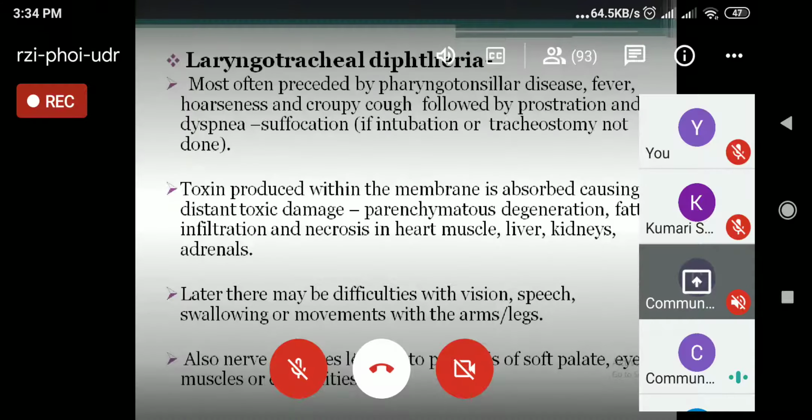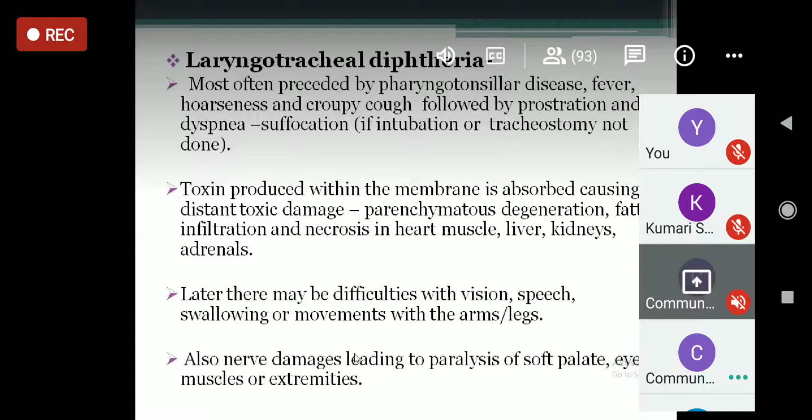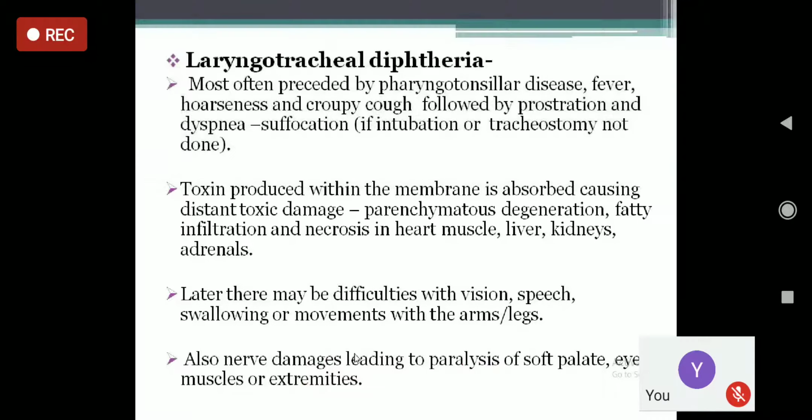The toxin produced within the membrane is absorbed, causing distant toxic damage. This toxin produced by Corynebacterium diphtheriae will be absorbed in the surrounding areas and will lead to parenchymatous degeneration, fatty infiltration, and necrosis in heart muscles, liver, kidney, and adrenals.